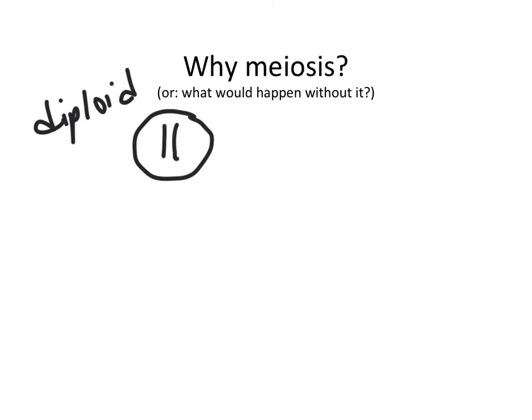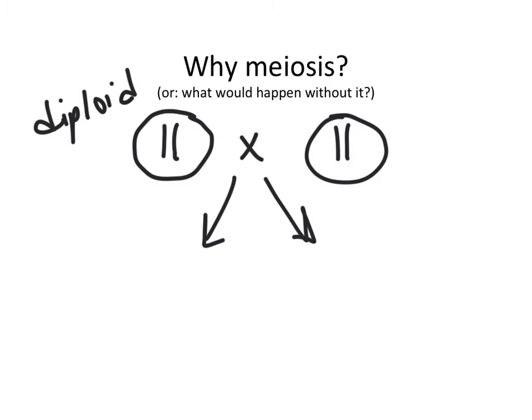Right, exactly. So let's say you're a unicellular organism, like a yeast maybe, diploid. So pretend this is a yeast cell. And here comes another yeast cell, it's diploid, and they undergo sexual reproduction. So let's say these are gametes and they fuse. What happens to their kids? They have a couple baby yeast.